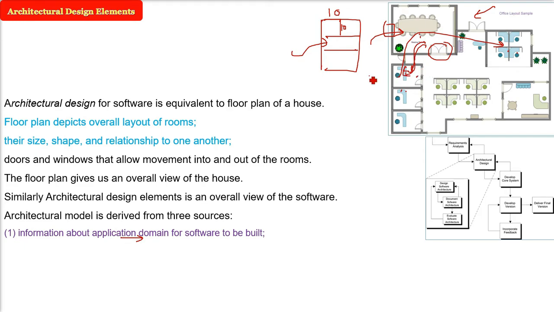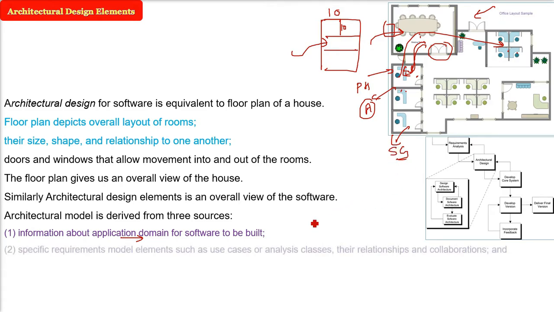Or are you making a house for some religious purpose? For example, the Ambani's house will be different from that of a normal middle-income person. This is the application domain. So information about the application domain for the software to be built is a source for the architecture model.